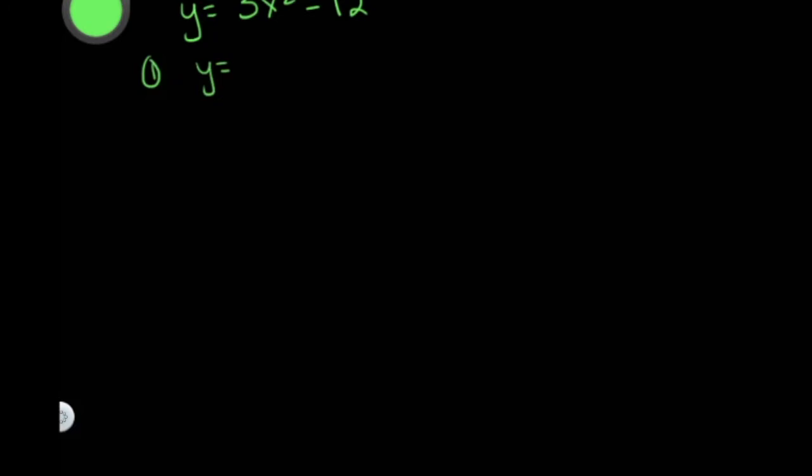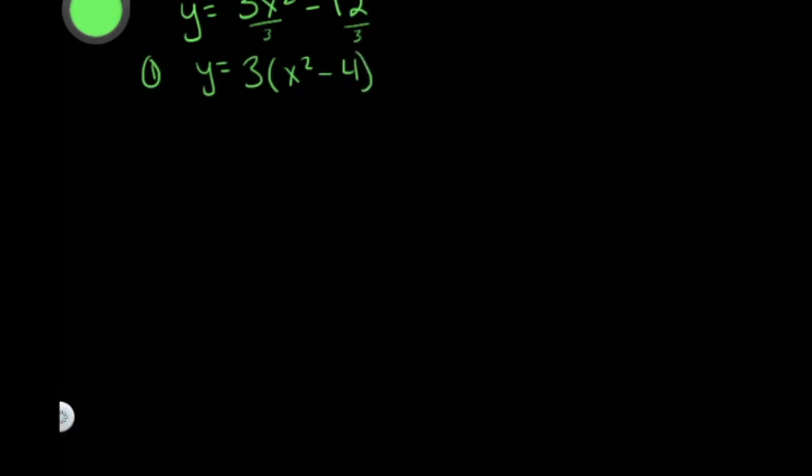The greatest common factor between 3 and 12 is going to be 3. So if I take 3 out and I divide what we have left by 3, let's figure out what our leftovers are. So 3x squared divided by 3 is just going to be x squared. And -12 divided by 3 is going to be -4.